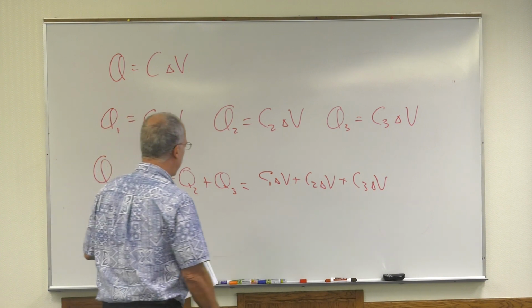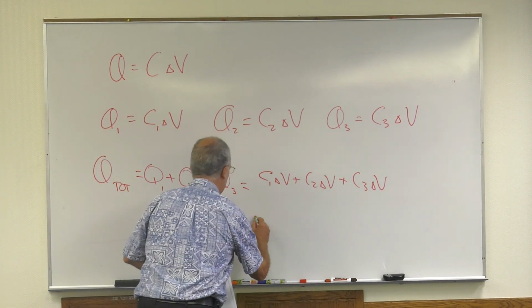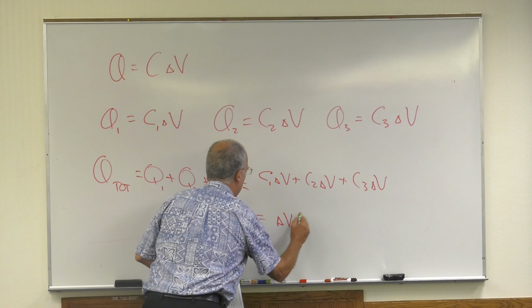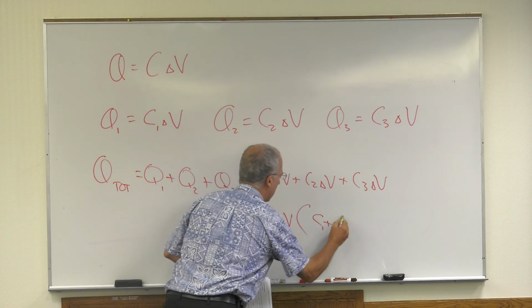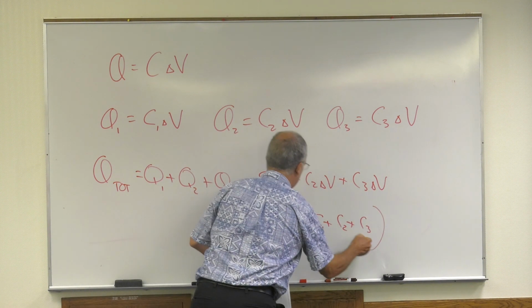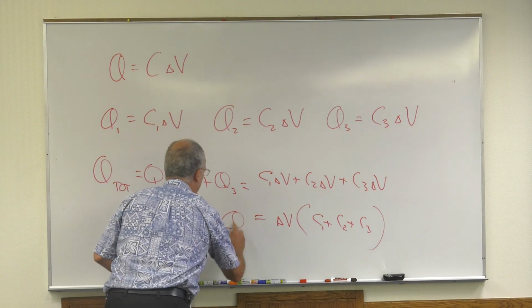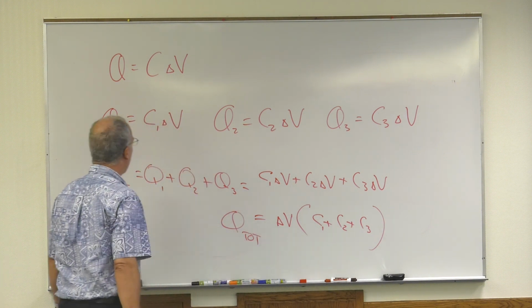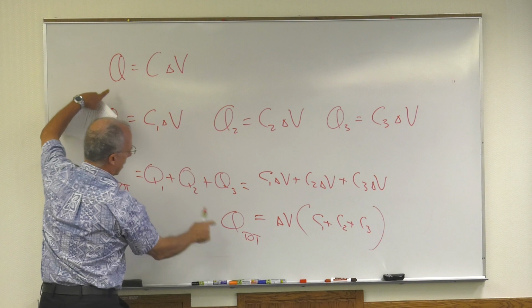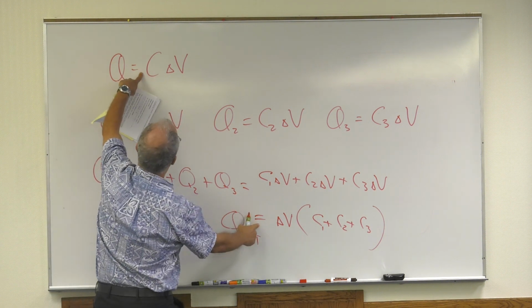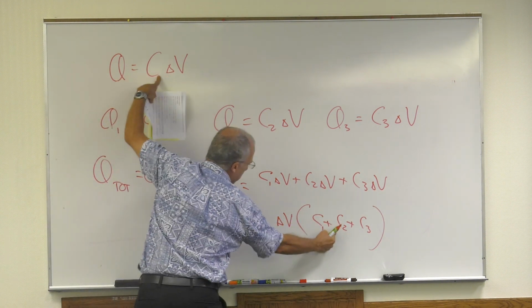I can pull out the delta V, so that's delta V times C1 plus C2 plus C3. And that's Q total. Remember, Q equals delta V times C.